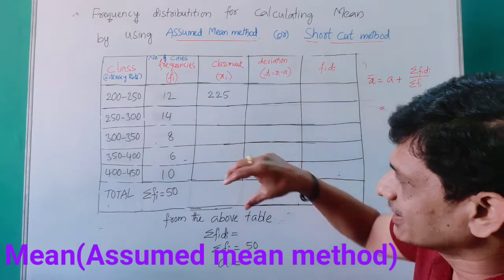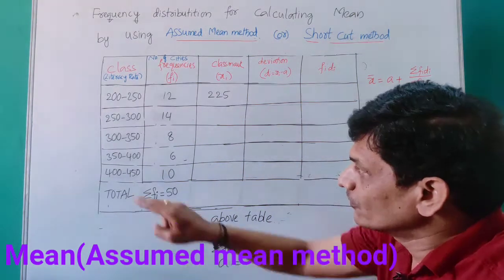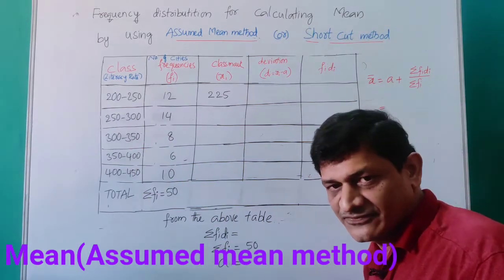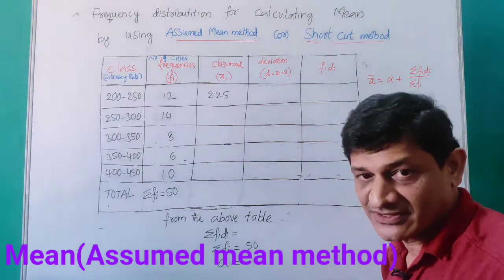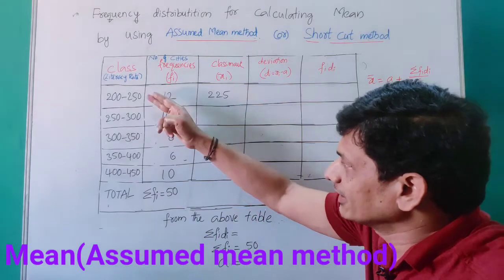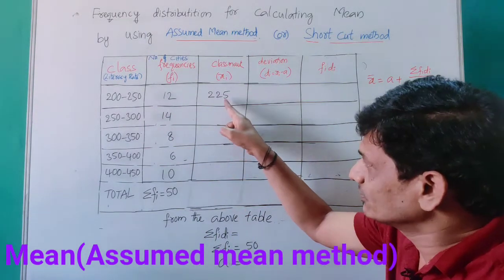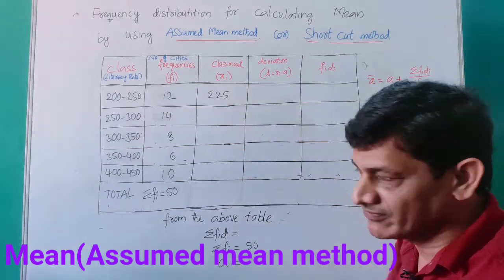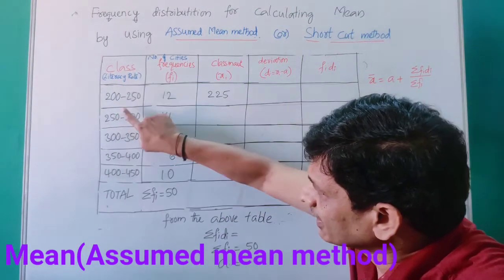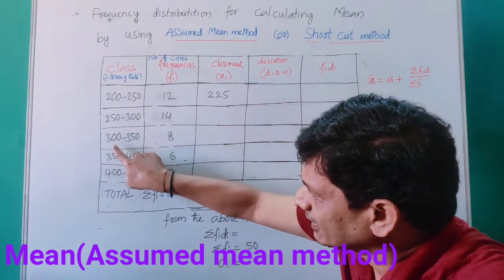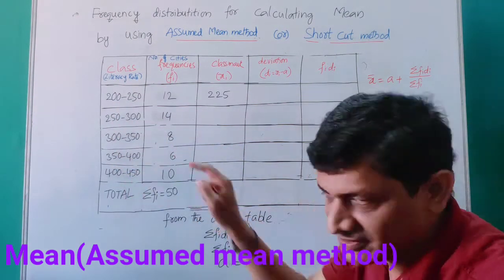To complete this column, go for the size of the class. If the classes are of the same size, then pick that class size and add it to the mid value, and you get the successive mid values. Check the class size here. The first lower limit is 200, the next is 250, it is increasing by 50.